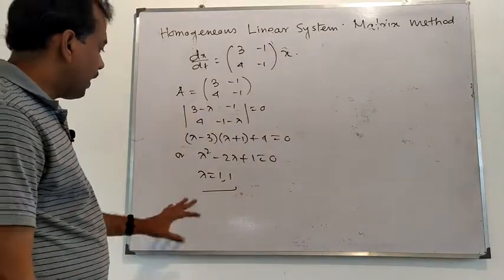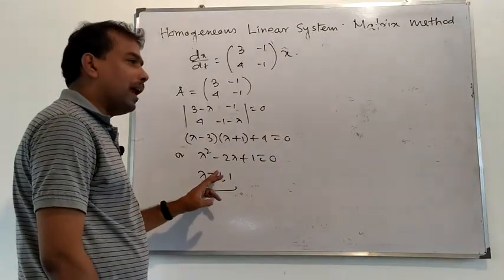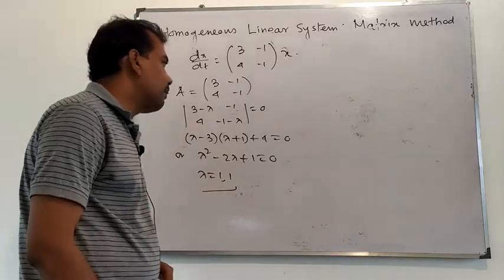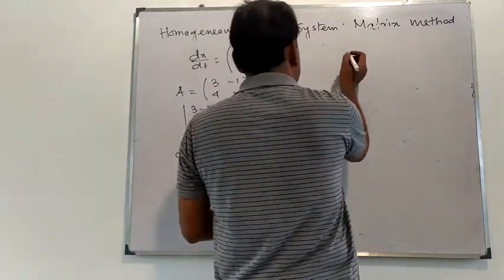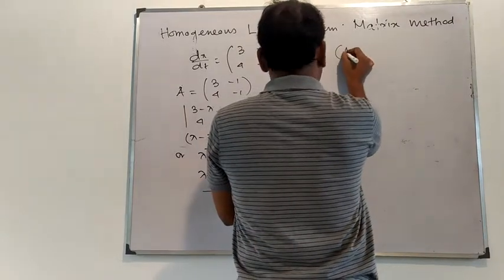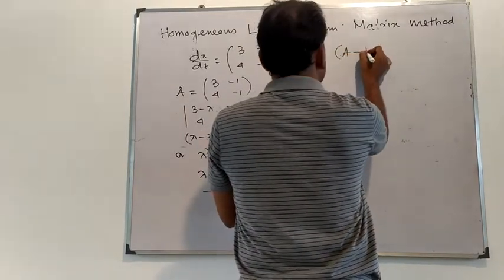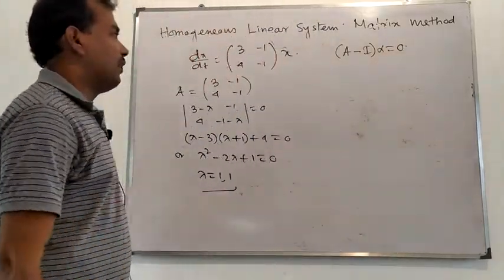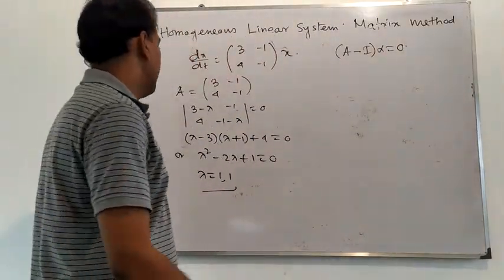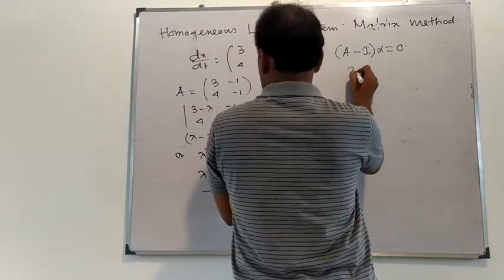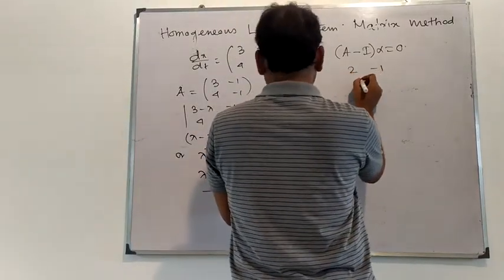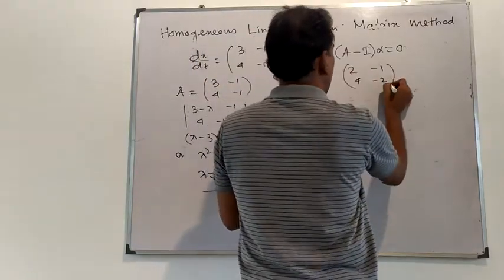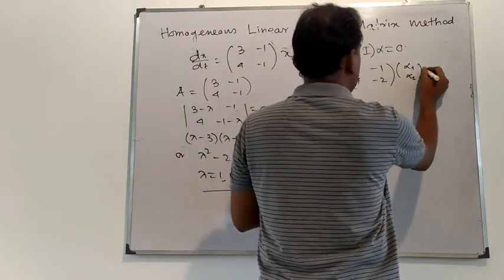Now we first find the eigenvector corresponding to lambda equal to 1. That is, we first solve A minus lambda I, with lambda equal to 1, into alpha equal to 0. That is, 2 minus 1, 4 minus 2, into alpha 1, alpha 2, equal to 0, 0.